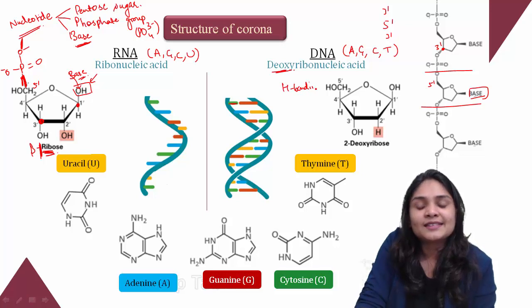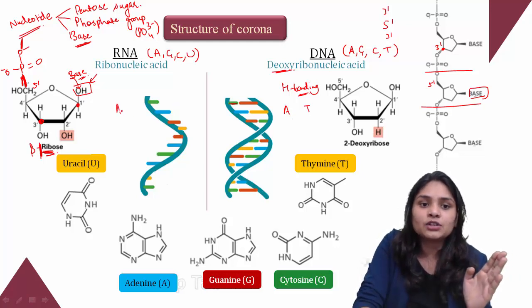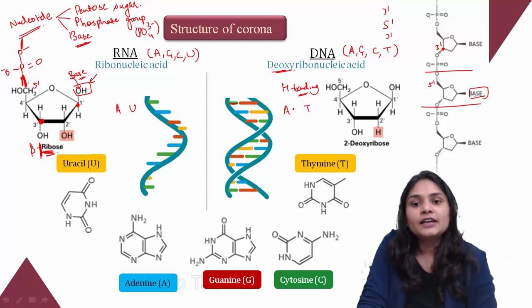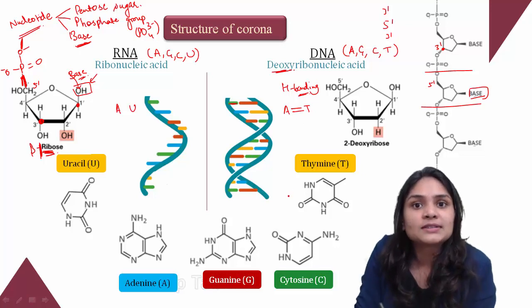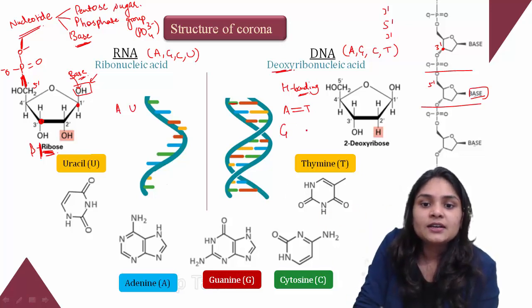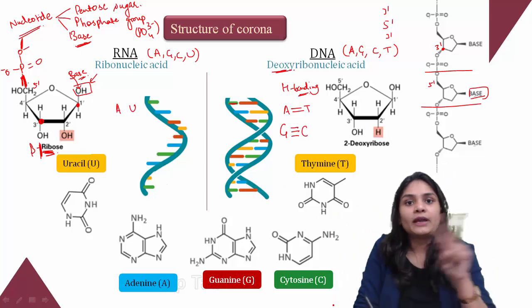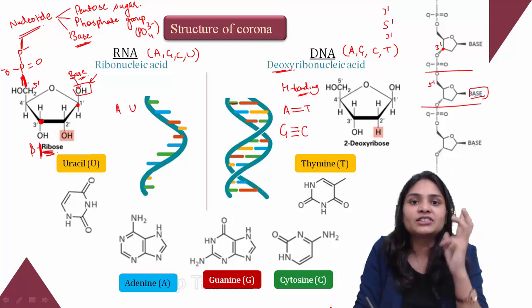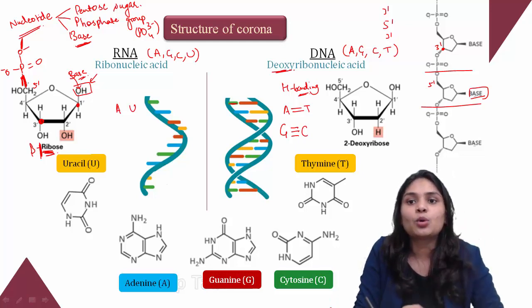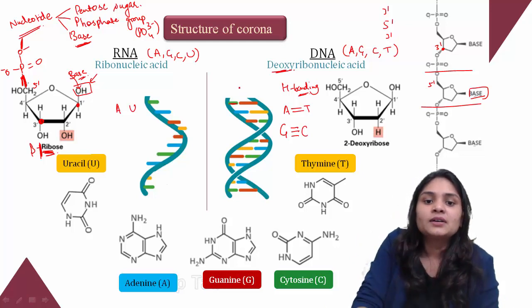A bonds with T only, or in case of RNA, A bonds with U only. It forms 2 hydrogen bonds. AT, remember AT. G binds with C and it forms 3 hydrogen bonds. So AT has 2 hydrogen bonds, GC has 3 hydrogen bonds. And they link up to form the double strand. यहाँ पे you have a single strand.